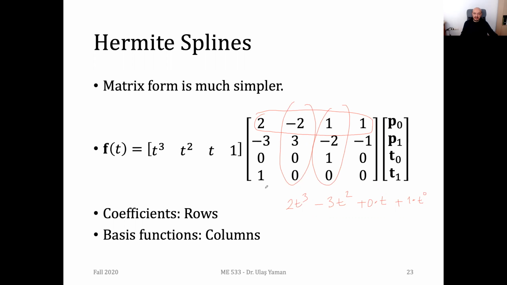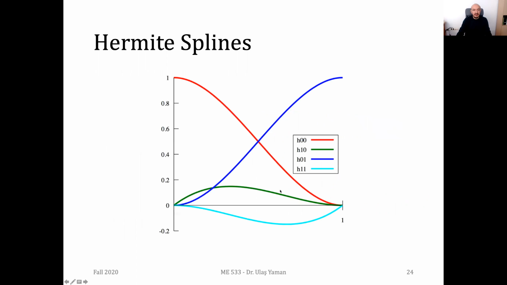That will be one of our basis functions. And you can easily write all the basis functions using the variables in the columns of this matrix. So these are the basis functions for the Hermite splines. We obtained them in the previous slide, as you remember.